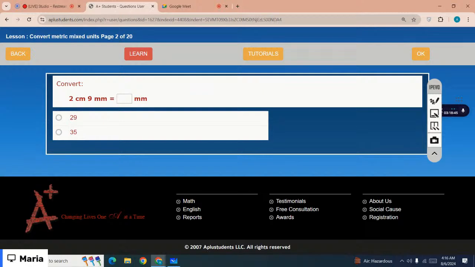So which is the correct option? The correct option is 29 millimeters. Very good. Option number 1 is the correct option.